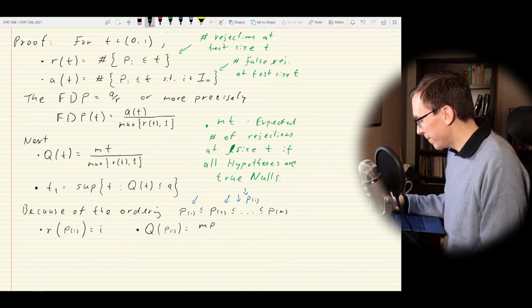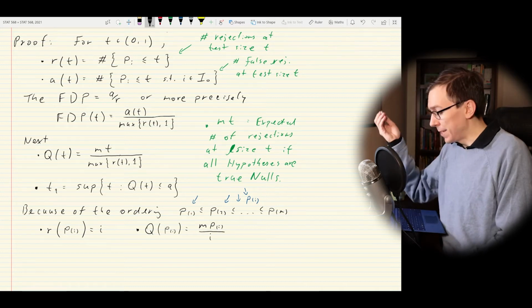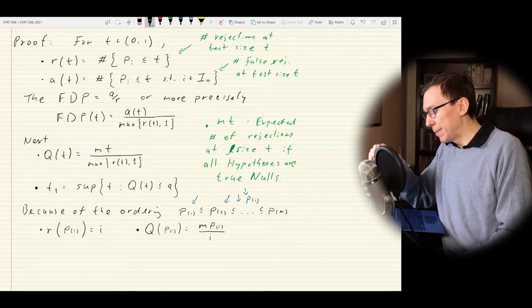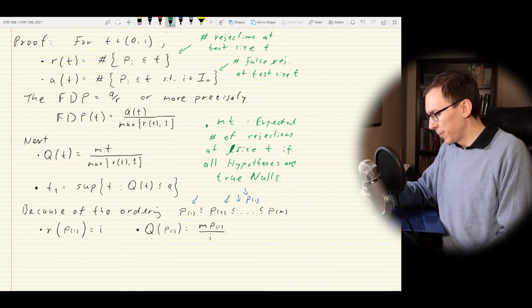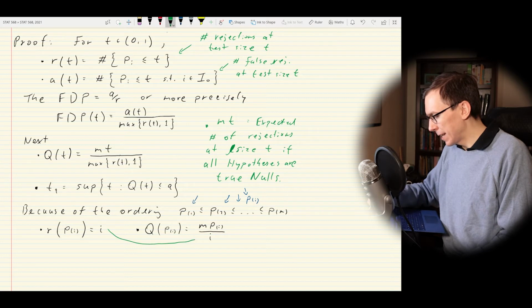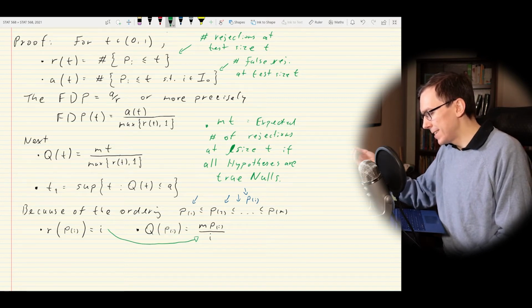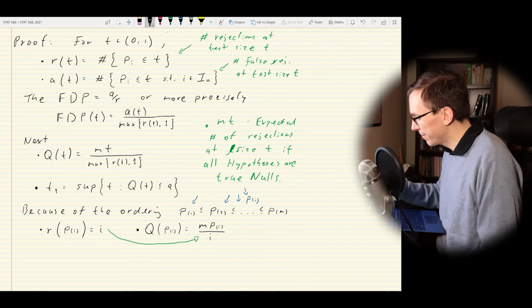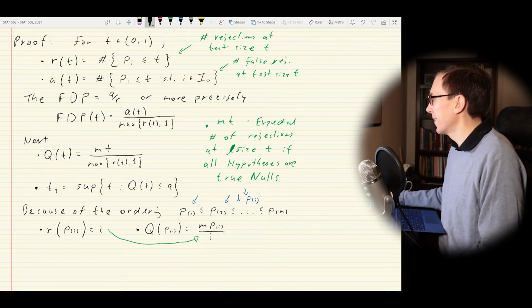If we put p sub i into Q, we get this basically, because the denominator becomes R evaluated at p sub i, so we're just taking this and shoving it in the denominator, and the t in the numerator is now set to p sub i. All right, so we got that.